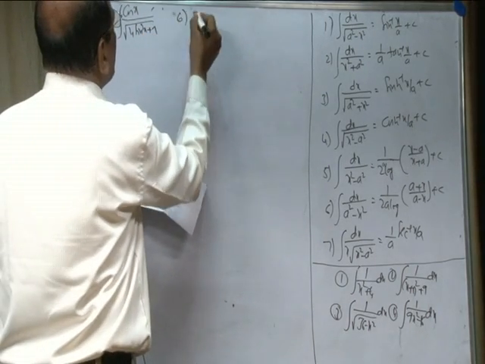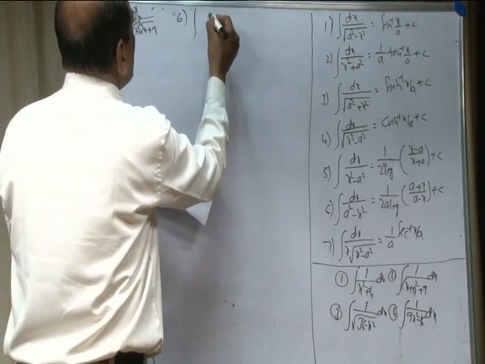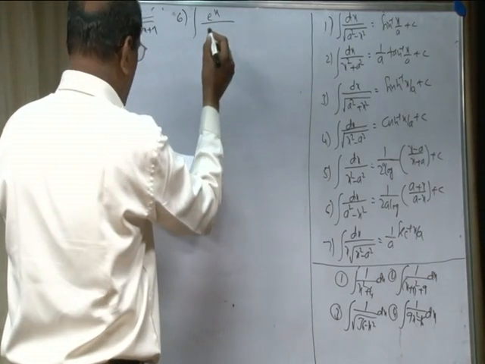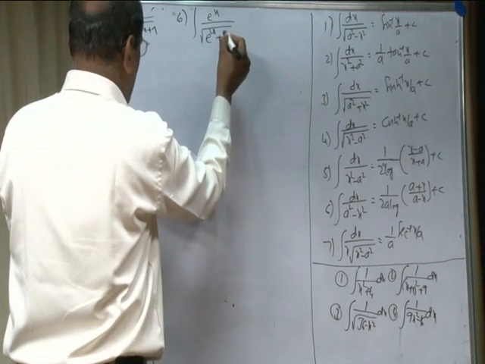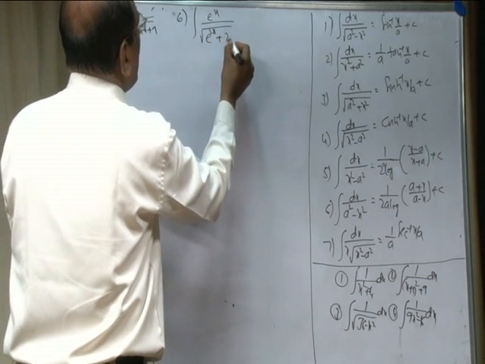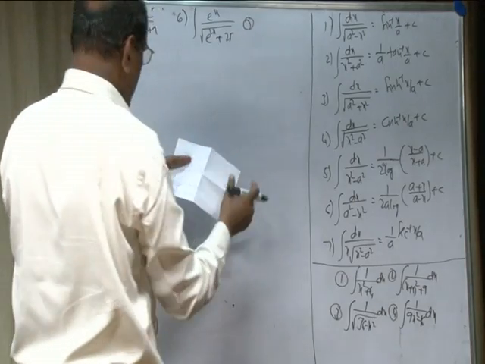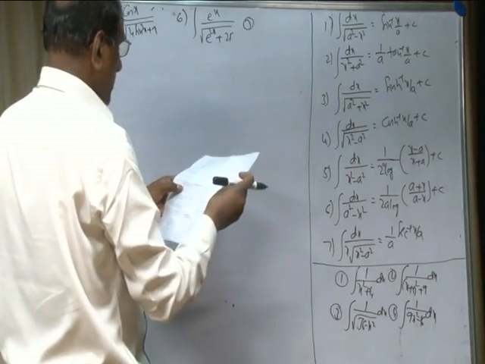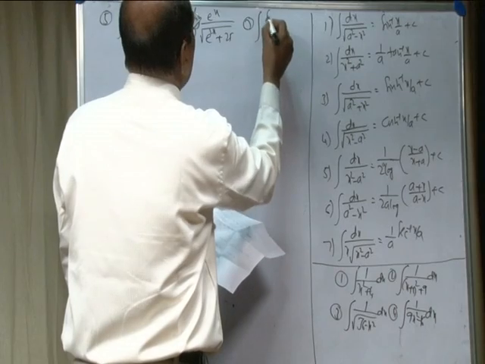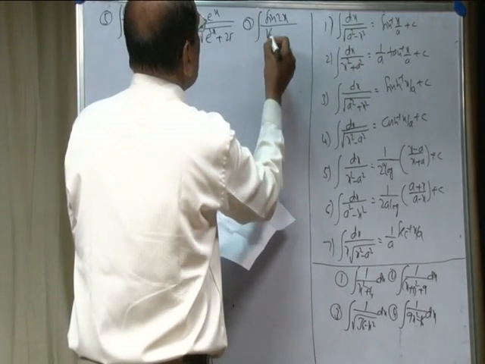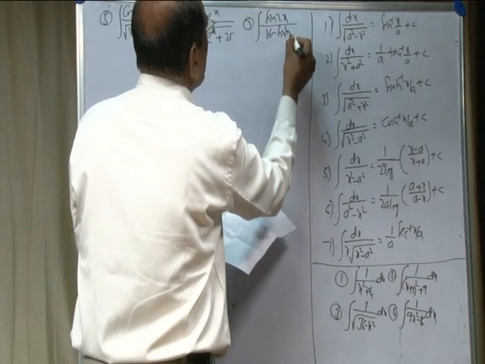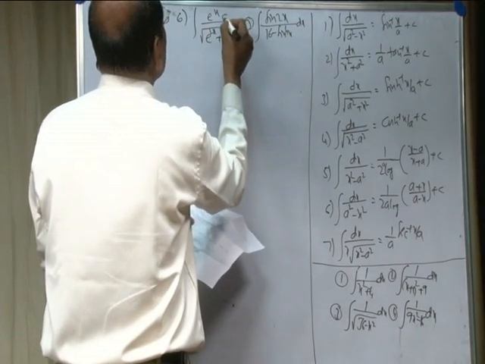Sixth problem: integration of e power x divided by root of e power 2x plus 25. Seventh problem: integration of sin 2x divided by 16 minus sin power 4x, dx.